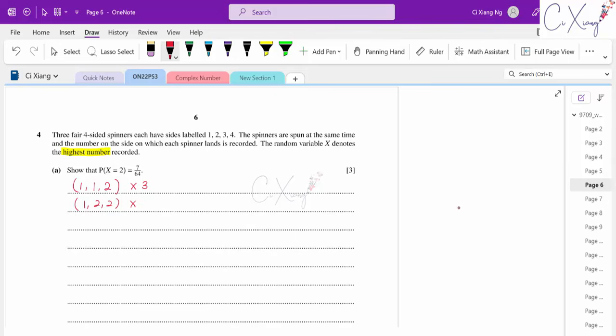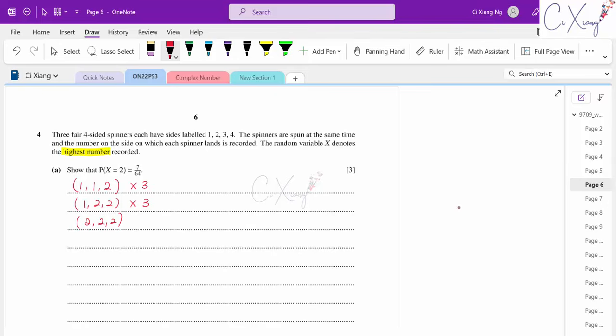So there are 3 cases also, so multiply by 3. Another possible result is 2, 2, 2. All 3 spinners show the score 2, and the highest number is 2. For this one there are no other cases. 2, 2, 2 is only one case, so multiply by 1 only.